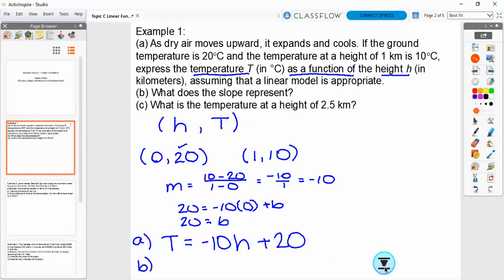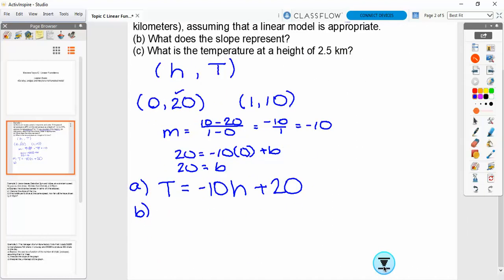What does the slope represent? Slope is the steepness of a line. It's a rate of change. We found it by doing y over x. My y was my temperature, so that's degrees Celsius. My x was my height, which was in kilometers.